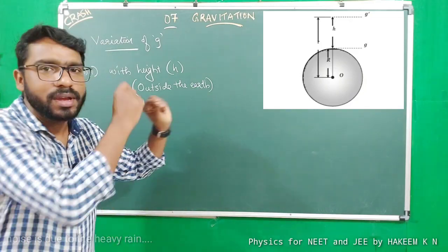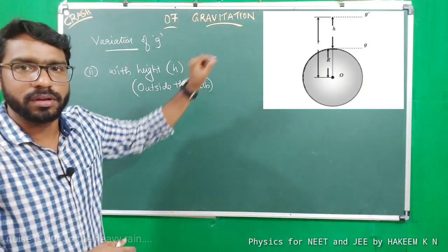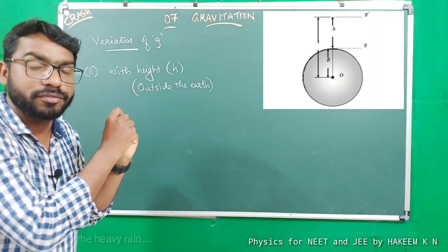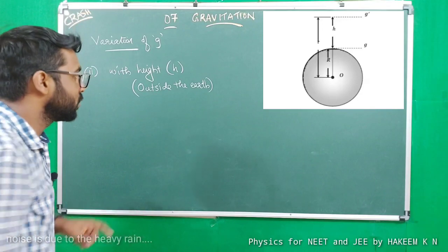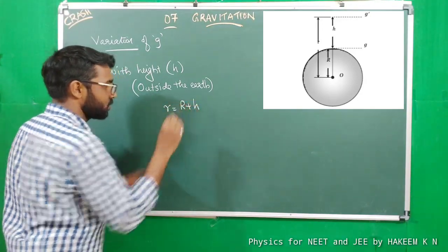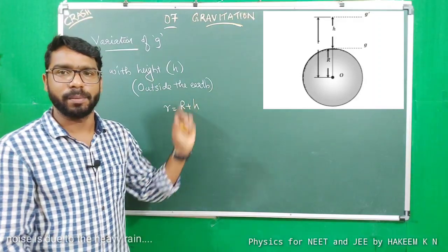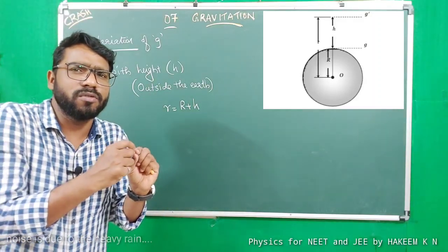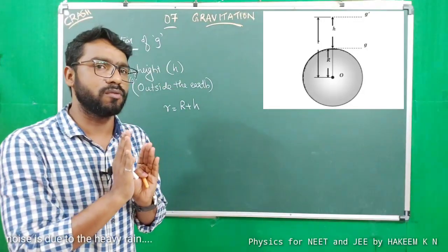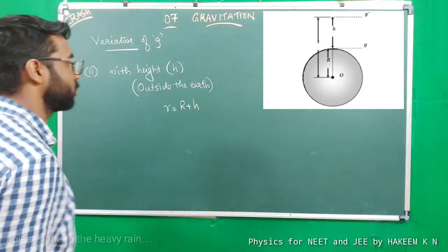So we can say the distance of the point from the center of Earth is small r. That small r equals capital R plus h. Small r always indicates the distance from the center of Earth.